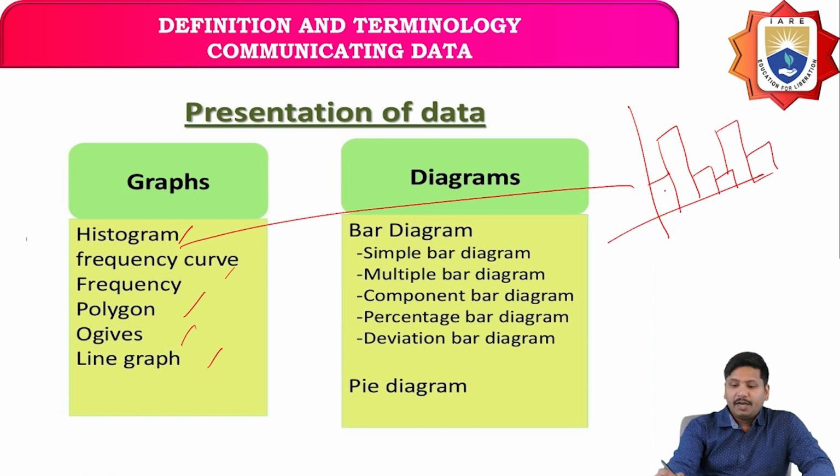We should not maintain any space between each and every bar, then it is a histogram. If I join all the midpoints of these rectangular bars with straight lines, it is called a frequency polygon. If I join them with a smooth curve, it is called a frequency curve. Ogive and line graph are another type of presentation.